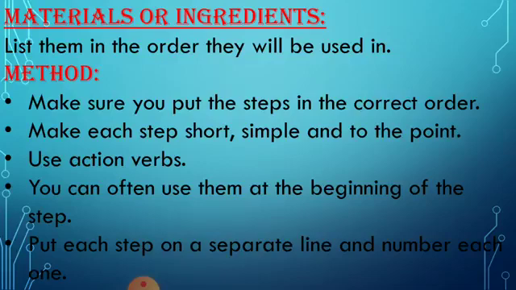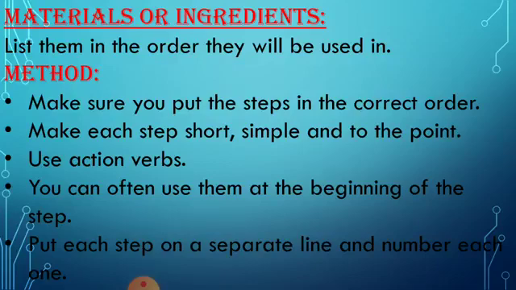Then while writing the steps, make sure that you are using action verbs. While writing the method, we have to remember all these points. You can often use action verbs at the beginning of the step. Then put each step on a separate line and number each line.